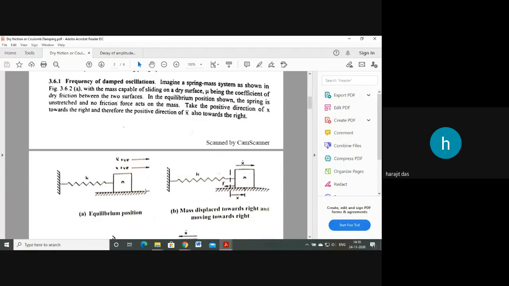Dry friction means this mass and the sliding surfaces will create the resistance, and this rough surface will behave as a damper. Here this mass is attached to a fixed end.